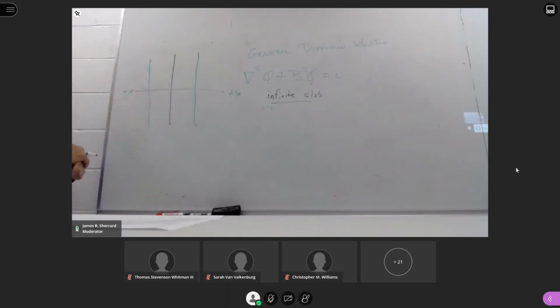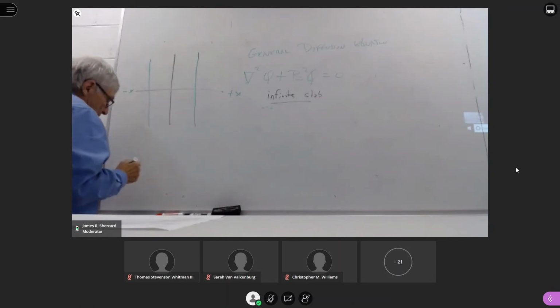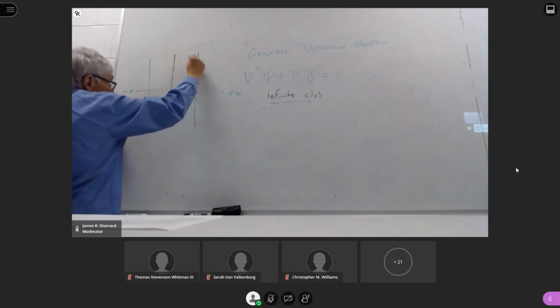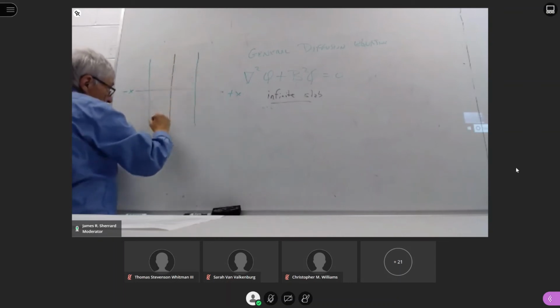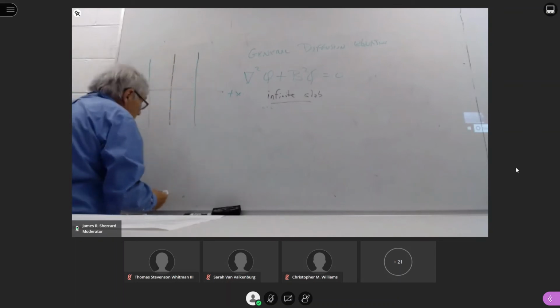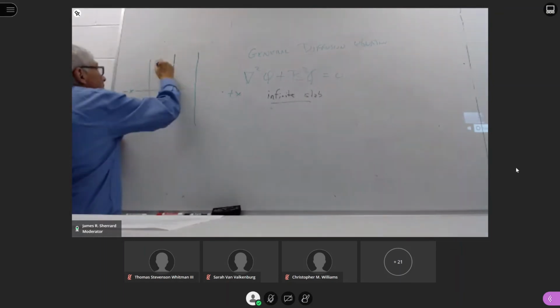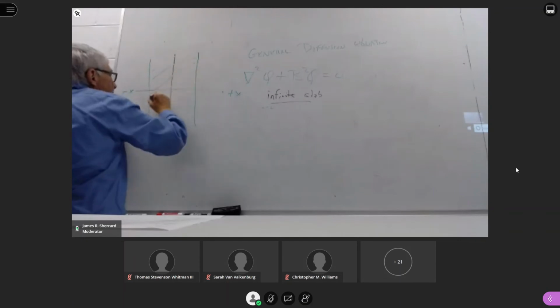This is the minus x direction. This middle section, the red is showing up. Let me shoot to blue, maybe. You never know which of these are going to work.